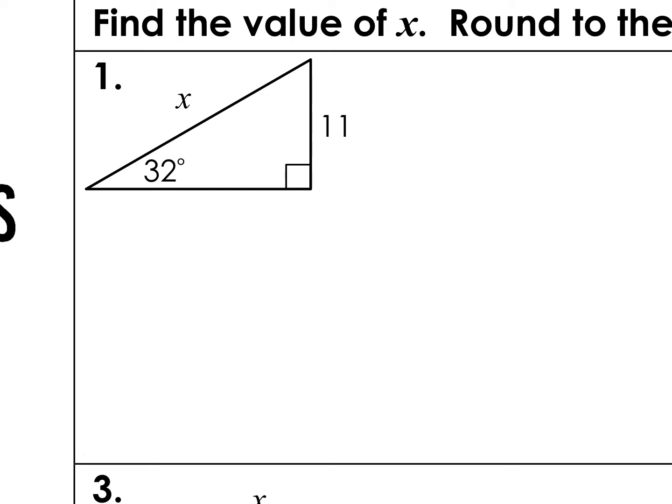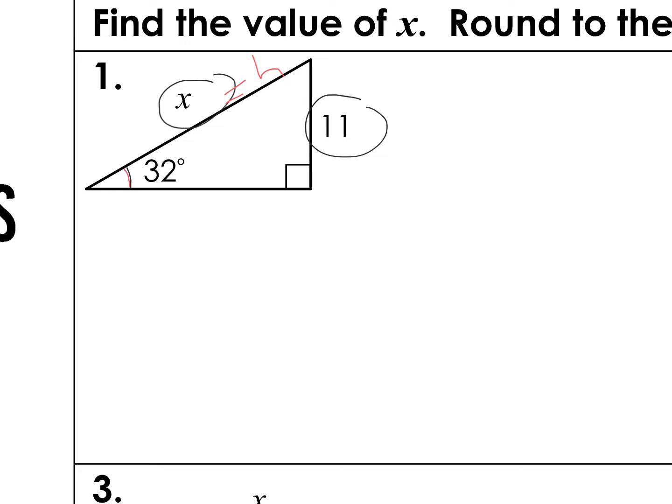I'm looking for x, and the value that I have been given is an angle of 32 degrees and another side. If you think about it, that missing side, x, is the hypotenuse of that triangle.